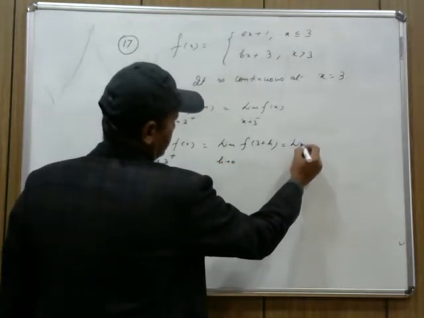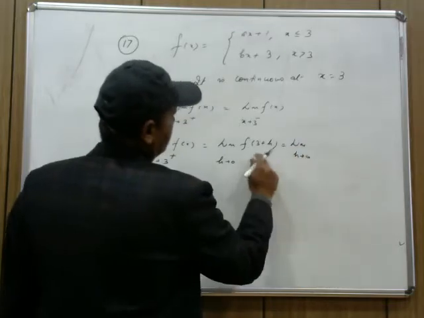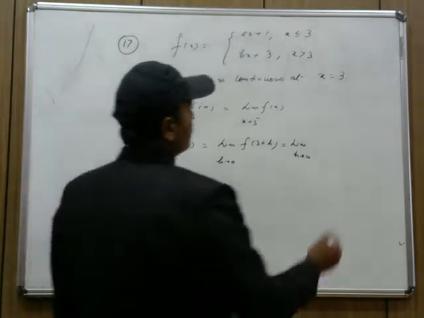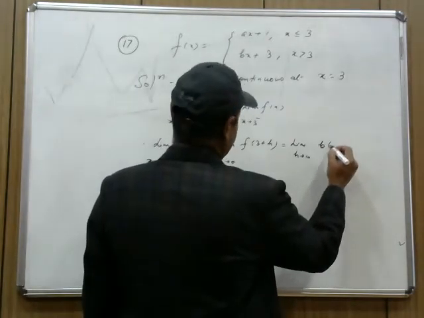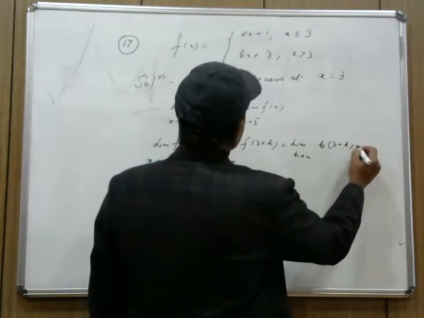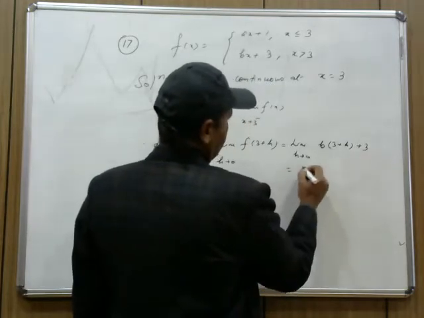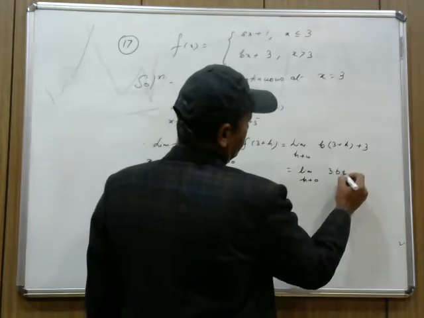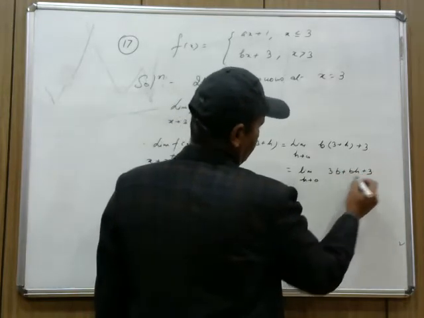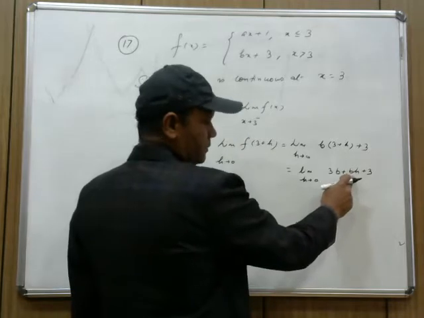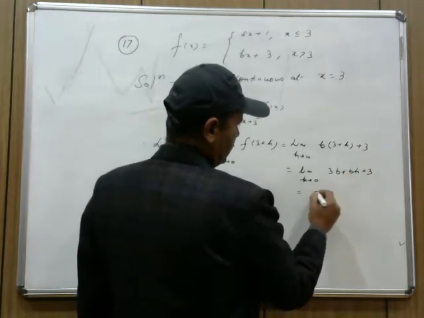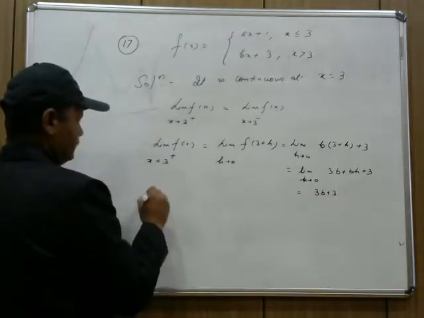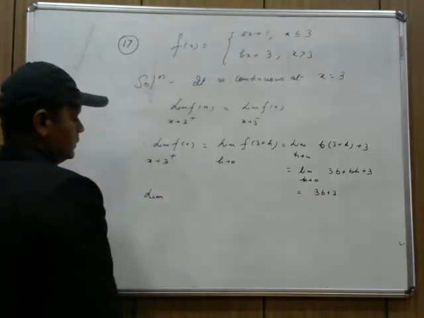Since 3 plus h is more than 3, we will go for the second part of this function, bx plus 3, that is b times (3 plus h) plus 3, and that will give you limit h tends to 0 of 3b plus bh plus 3. When h tends to 0, bh becomes 0, and therefore we get here 3b plus 3, right? Now we will find the left hand limit.